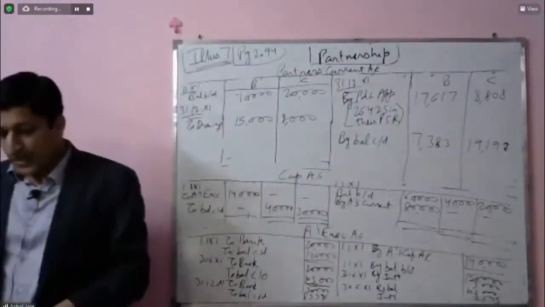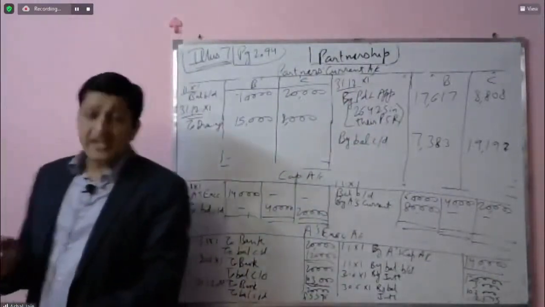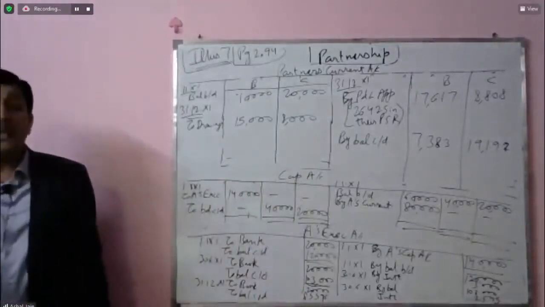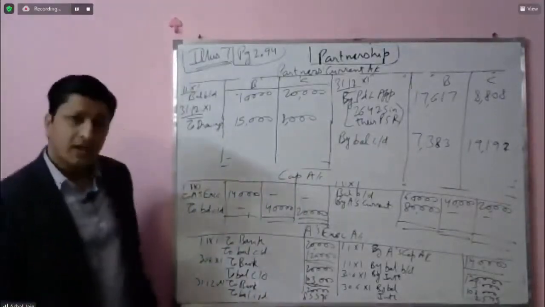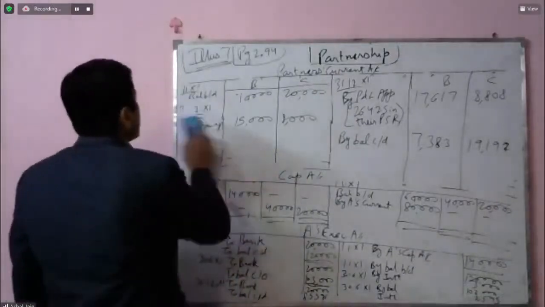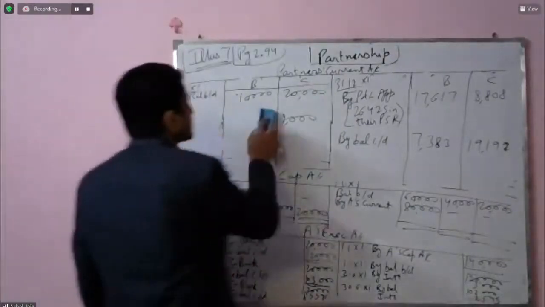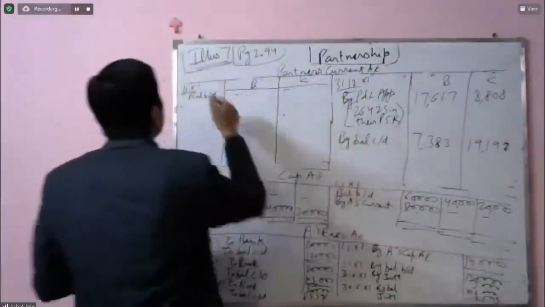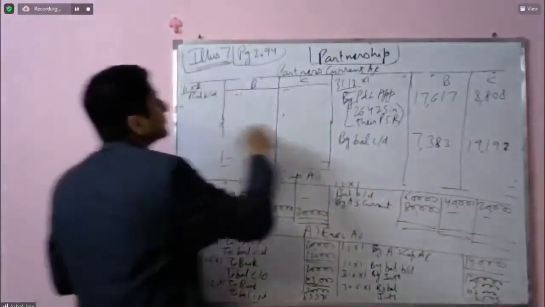Correct? Yeah. So let's see now what's the next step. Next step will be to compute the realization gain or loss. Again, same way. So what I'll do is again I'll carry these balances. So we are now on 1st of January 2000 X2.